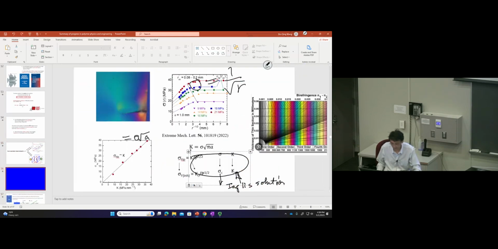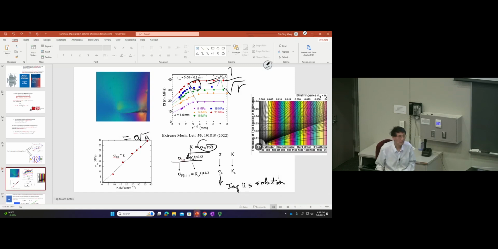Oops, again, I did something wrong. So I don't know if you still recall, this is nothing but the Inglis result, because Inglis was precisely bringing this in. This is exactly the Inglis result, except the P is a rho in the Inglis sense.